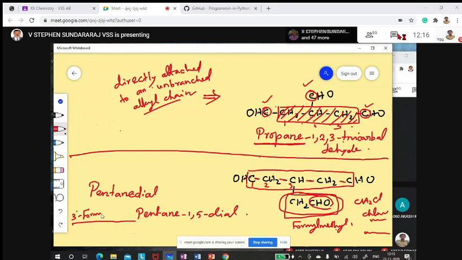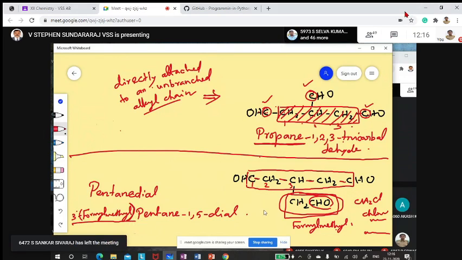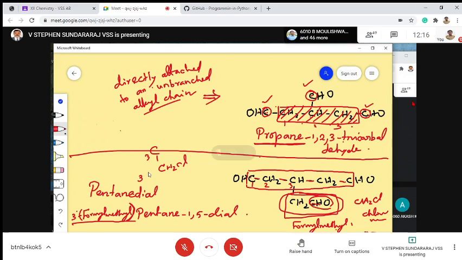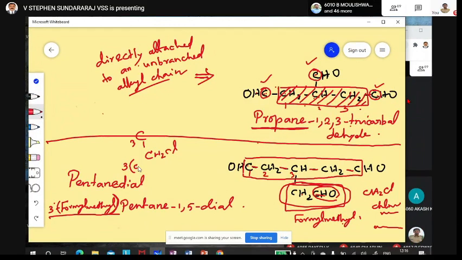Since it is a branch having a branch, you can say that inside the bracket. But since it is a functional group, this bracket is not required. Otherwise, if it is CH2Cl, it is a branch, meaning the third carbon atom, you write 3, then you write chloromethyl. Chloromethyl is a group name and it is attached in the third position.